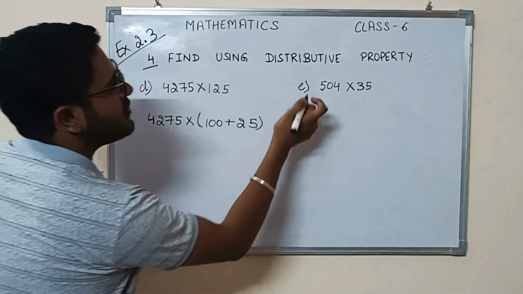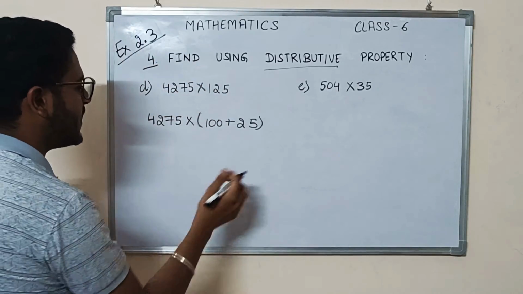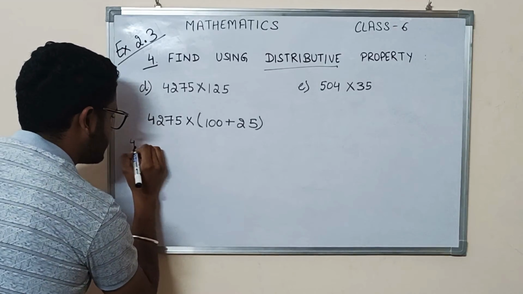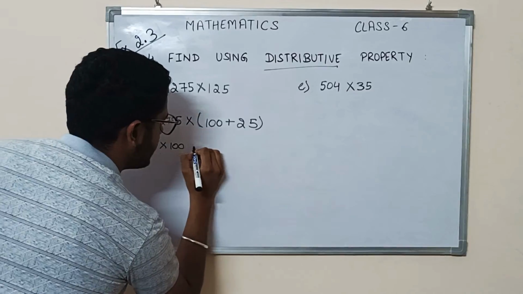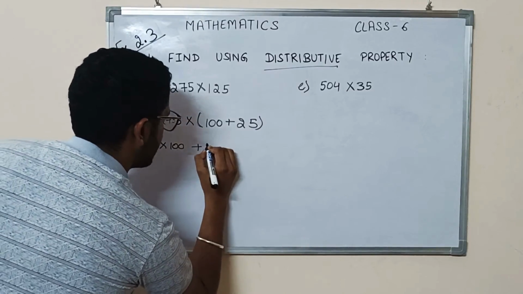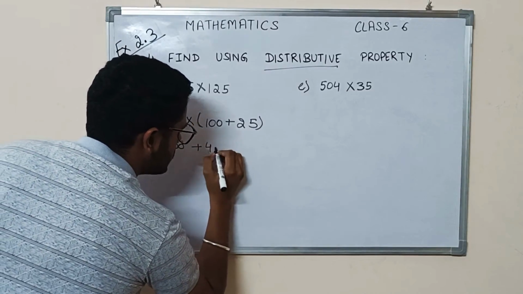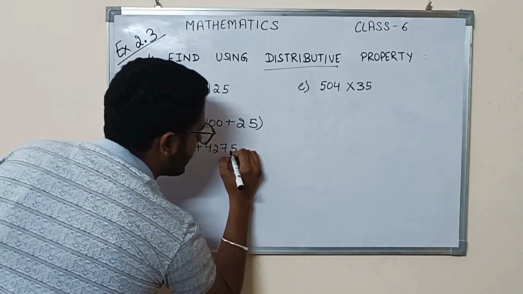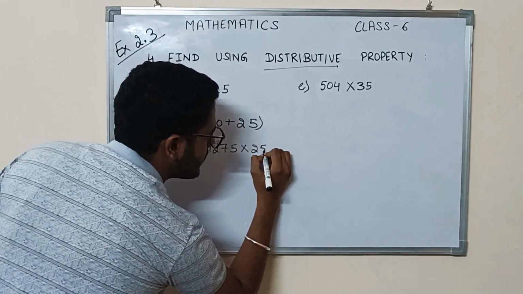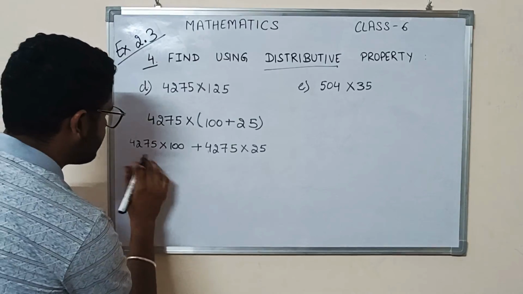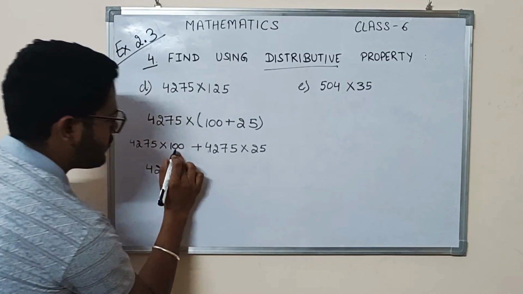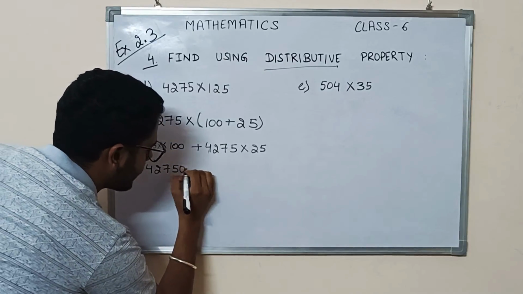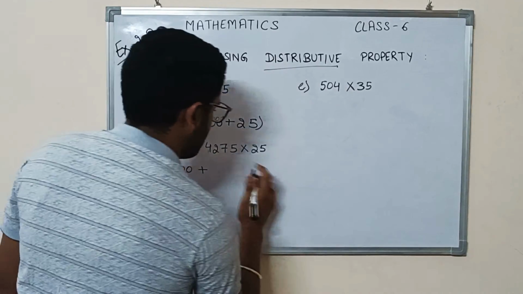Again we are using the distributive property. 4275 multiplied by 100 plus 4275 multiplied by 25. So it will be 4275 followed by 2 zeros, plus, let's multiply this.